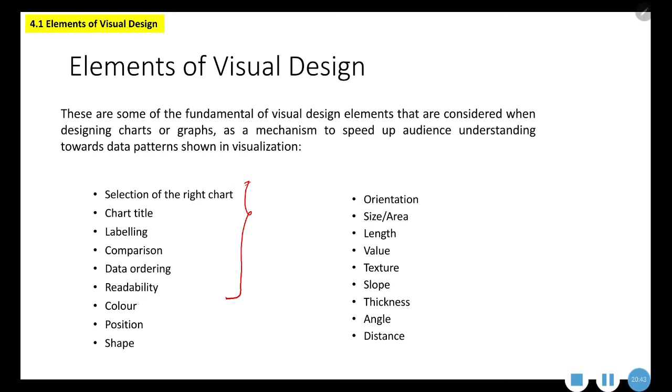We have discussed more about color and also size, size or area, even the shape and position, and distance, the thickness of the line. These are all the elements of visual design that you can play with when you design your chart or graph representation.